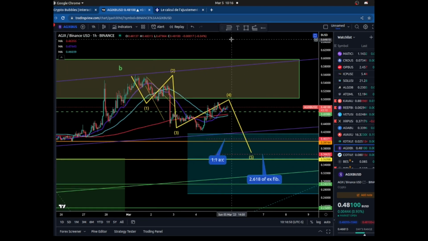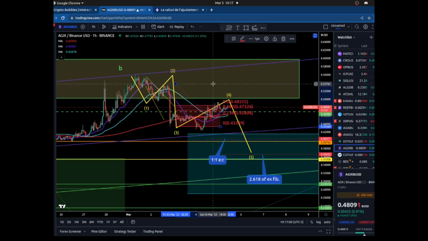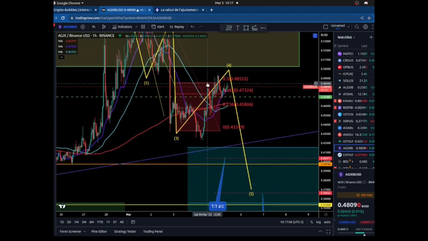And if I do the Fibonacci retracement of this third wave, we can see that for the moment the 0.5 retracement did act as a resistance.